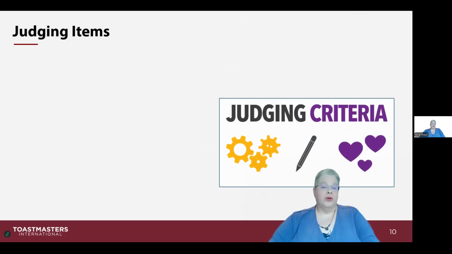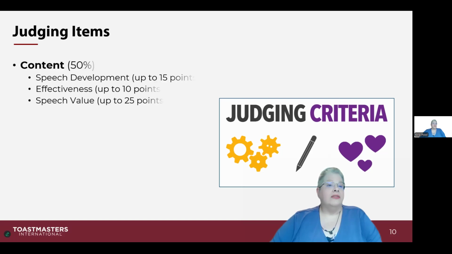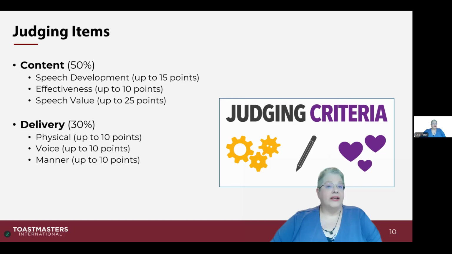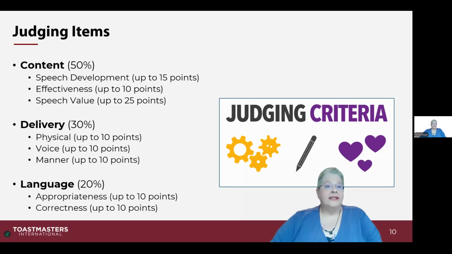The judging criteria on the ballot for the International Speech Contest is divided into three main areas: content, delivery, and language. Content is 50% of the total score and is further broken down into speech development, effectiveness, and speech value.